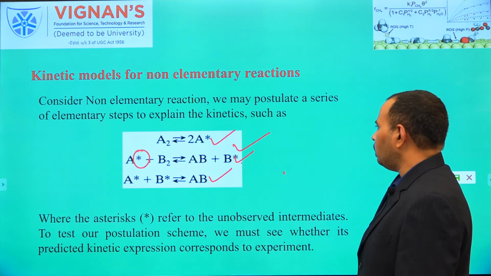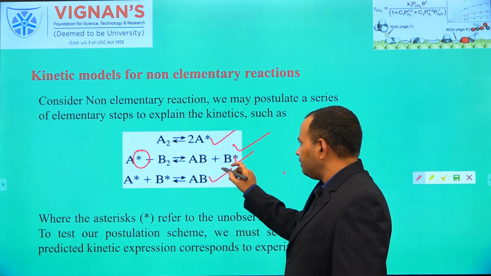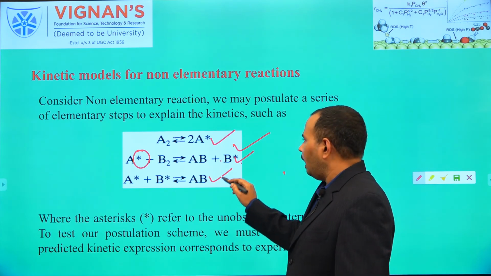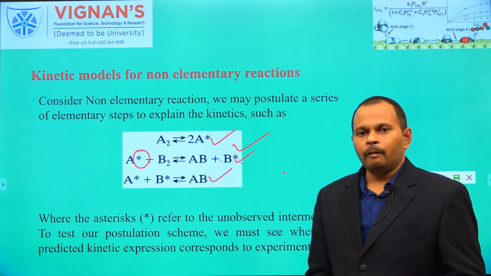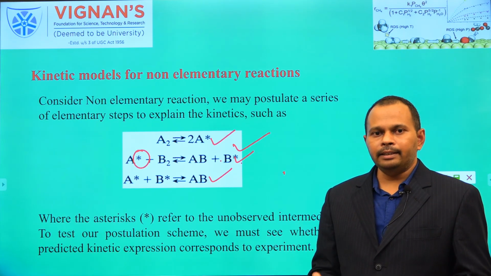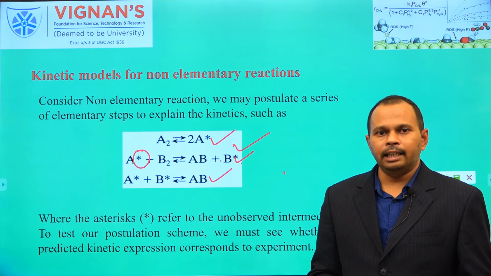One more important point to remember: after writing the reaction mechanism for the non-elementary reaction, this assumed one, each individual step in the reaction mechanism follows the elementary reaction, in which the rate equation based on the stoichiometry is equal to the rate equation based on the experiments.